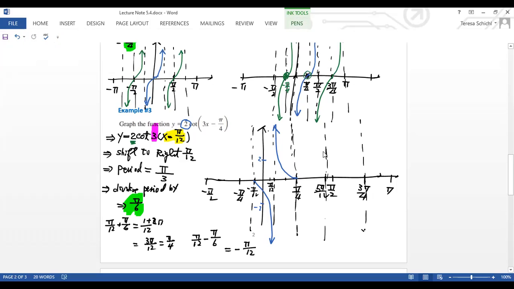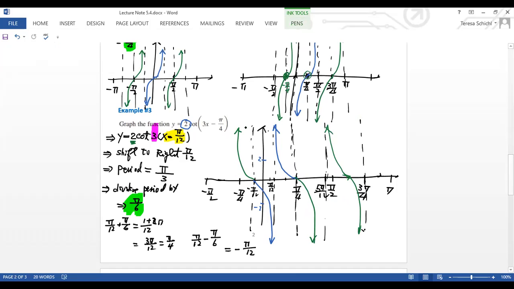This is 7 pi over 12, and this is pi over 4. Then you go like this, and like this. That's how you do the cotangent here.